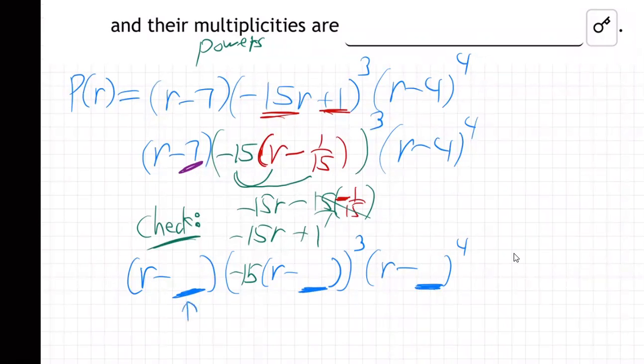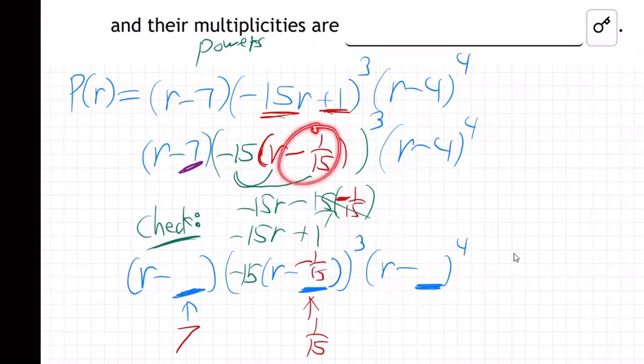What goes right there? Minus 7? No, because that would make it plus 7. It was never plus 7, was it? Not minus 7. Regular 7. Let me change my color. Regular 7. What goes right there? 1/15. Not minus 1/15. If you put minus 1/15, the two minuses would become plus.